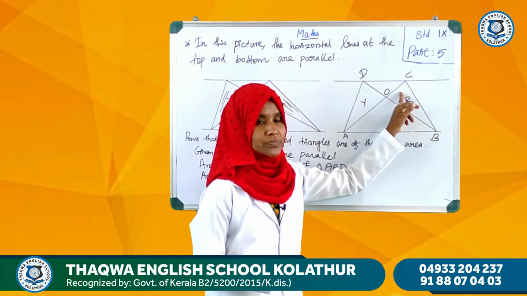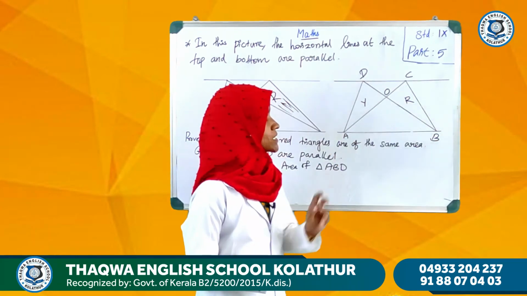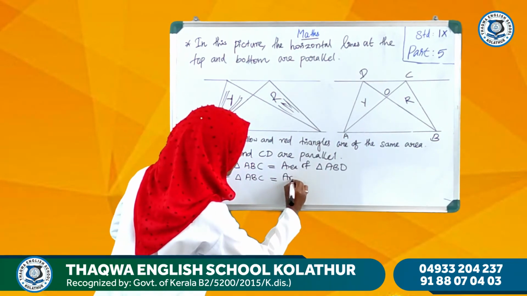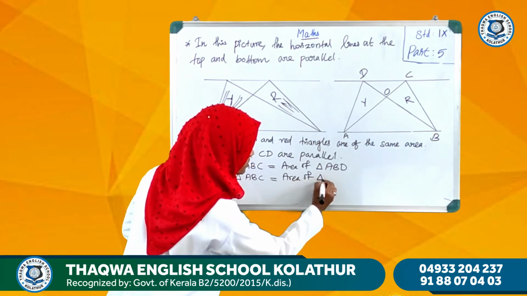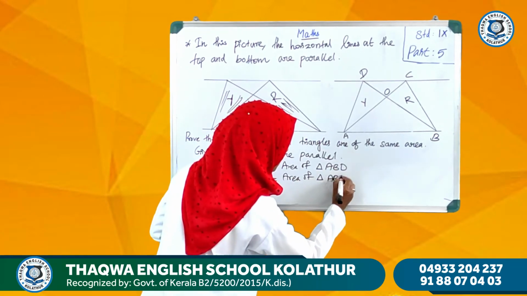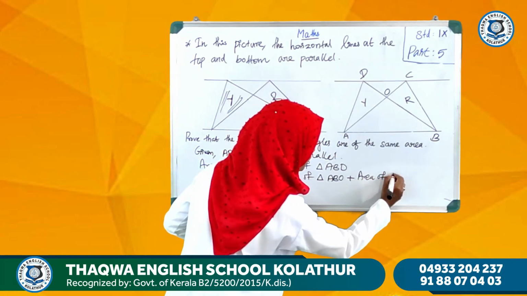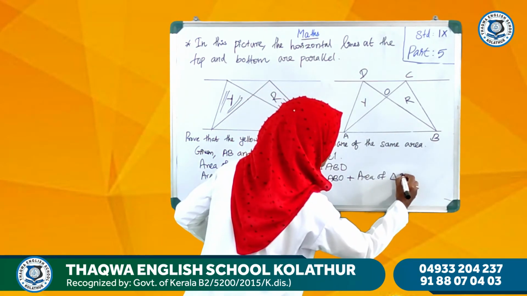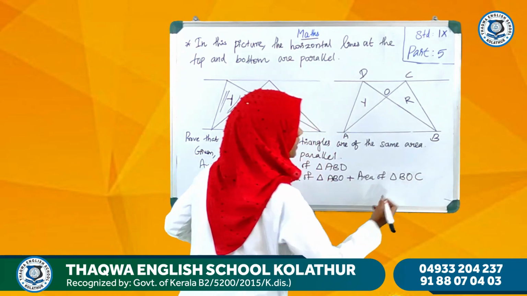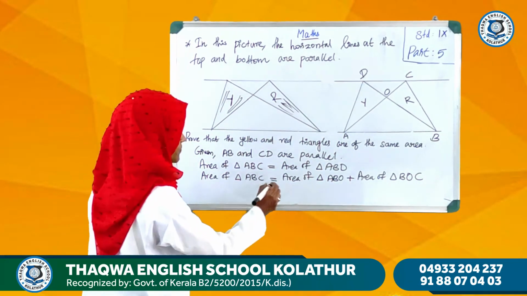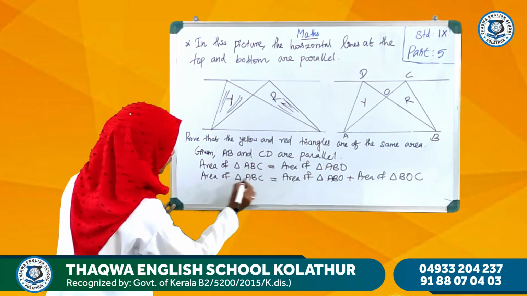Am I correct? Area of triangle ABC is equal to area of triangle ABO plus area of triangle BOC.